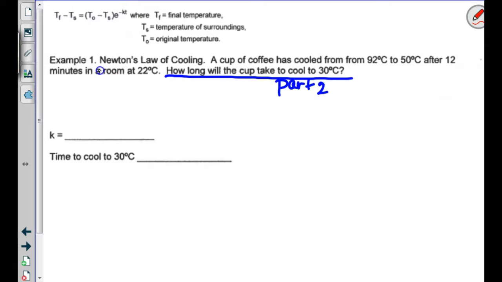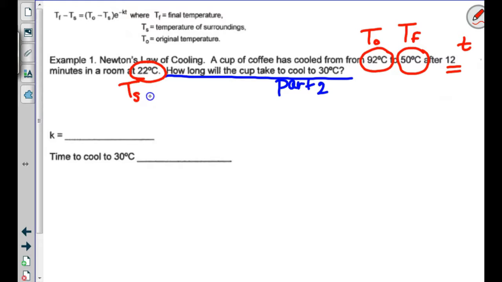We first have to use this first sentence to find K. A cup of coffee has cooled from, this is the original temperature, to this, which is our current final temperature. After 12 minutes, this is our current t value for time, in a room at 22 degrees Celsius, which is our current T sub S or T sub M, whichever one you're using.